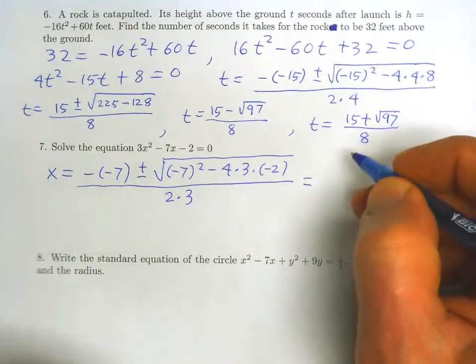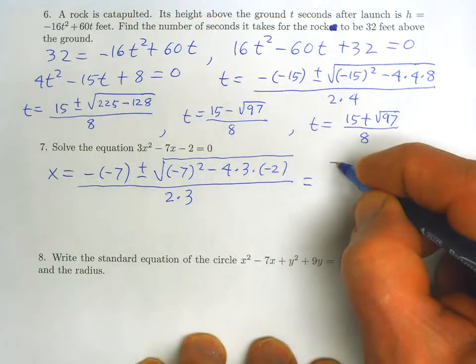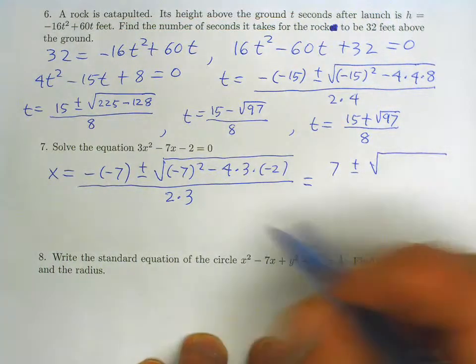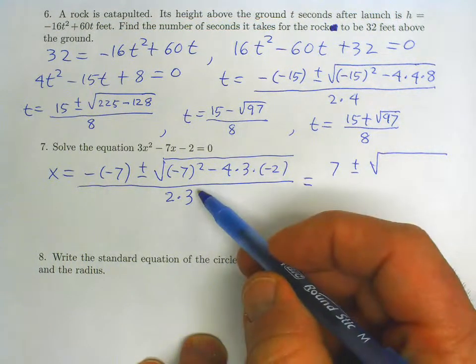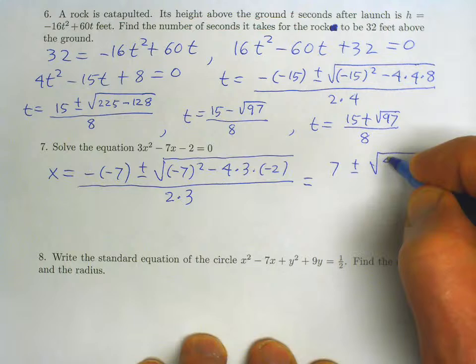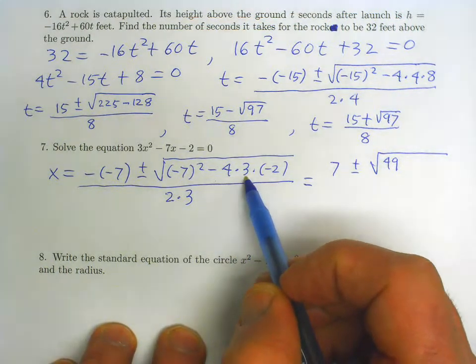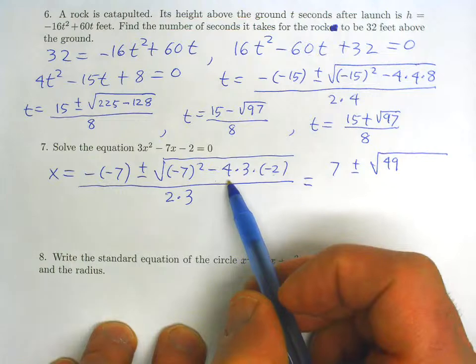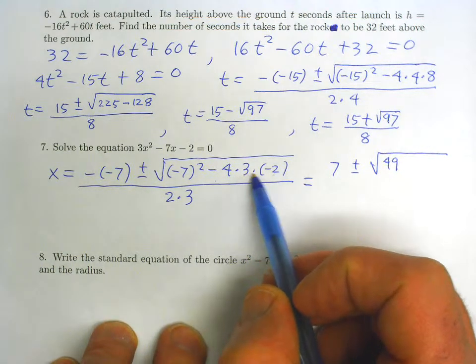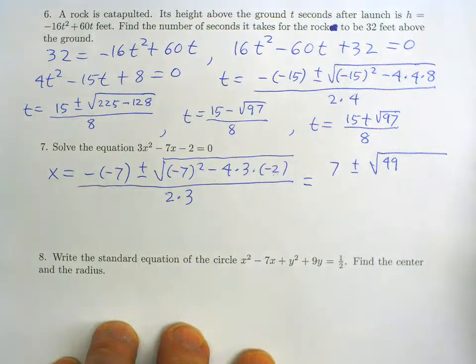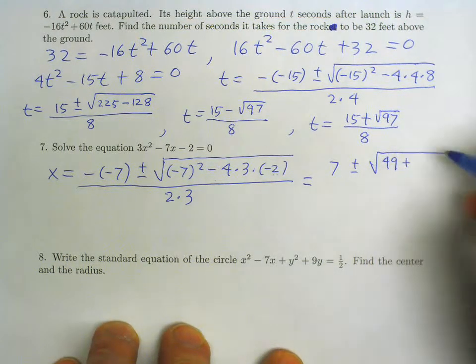Then we do the arithmetic. The negative of -7 is +7 plus and minus the square root of the number -7 squared, which is 49. And we're subtracting 4 times 3 times -2. So 4 times 3 times -2 is -24. So we're subtracting -24, which is equivalent to adding 24.